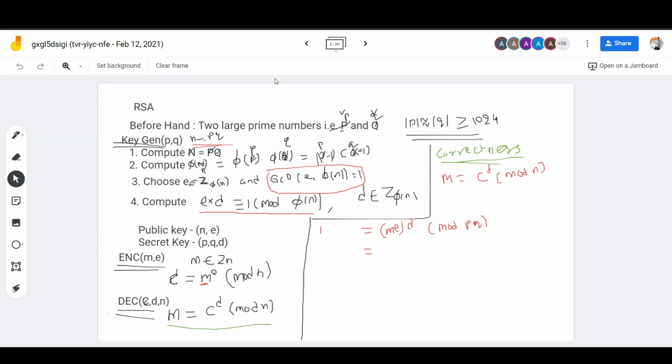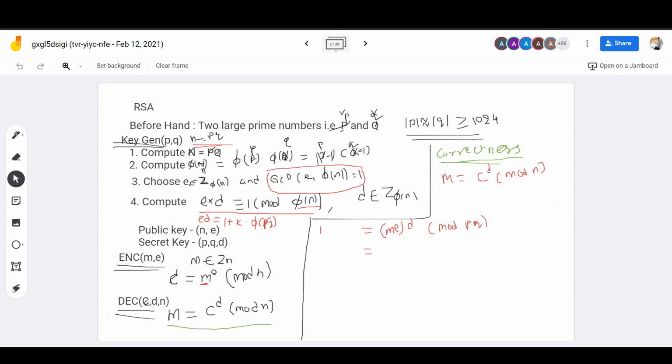We can rewrite ed is equal to 1 plus some k into phi of pq. We can write like this, no problem at all. Why? Because n is equal to pq, so phi of n means phi of pq only. So I may substitute this over here instead of m to the power ed.